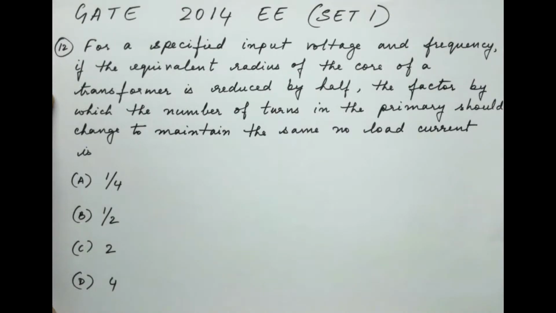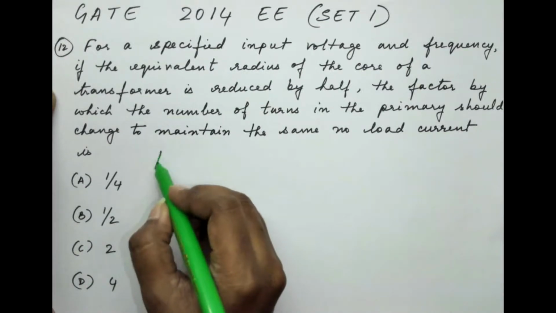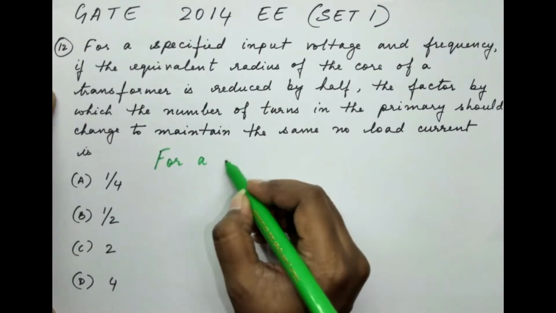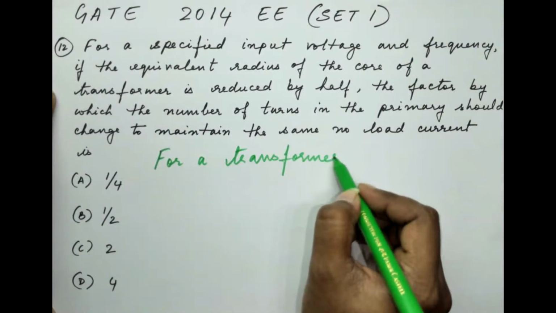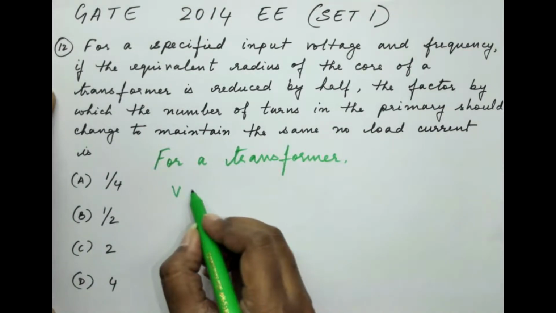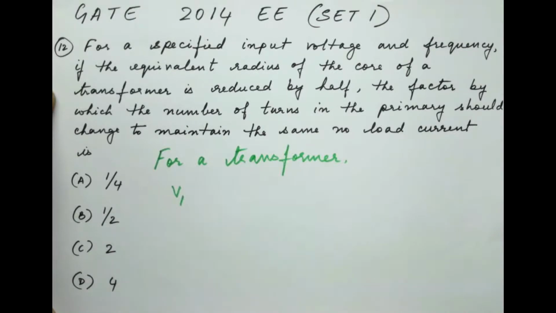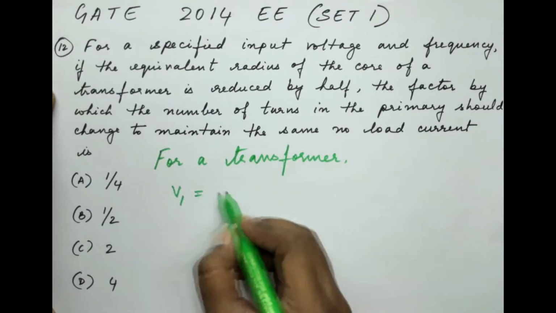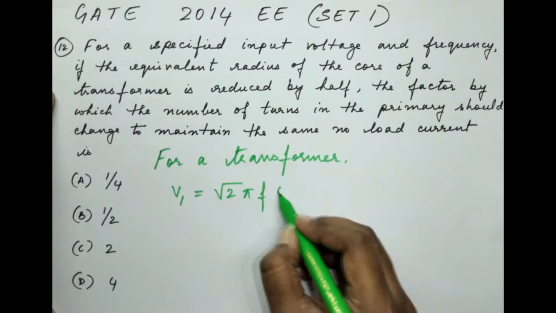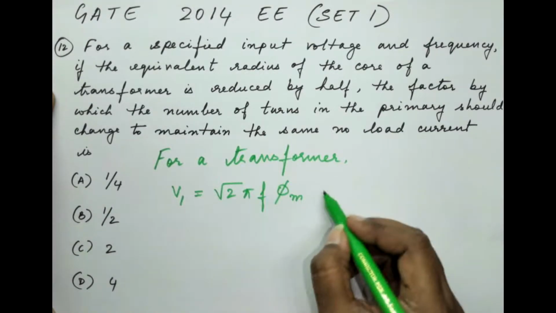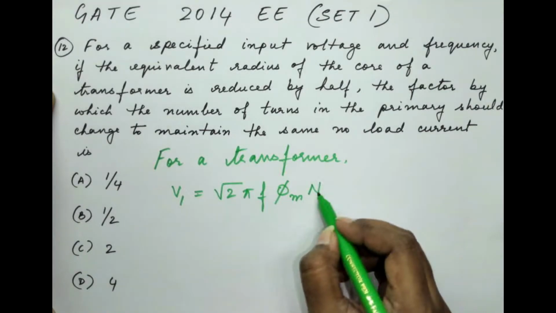Okay. Because the question talks about a transformer, let's first write down the voltage equation of a transformer. Please recall, for a transformer, the primary voltage V1 can be written as root 2 pi F phi m times n.